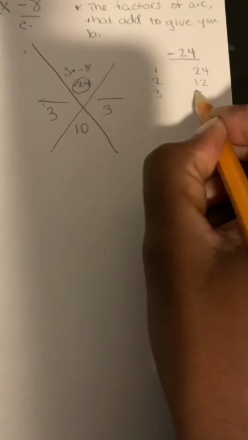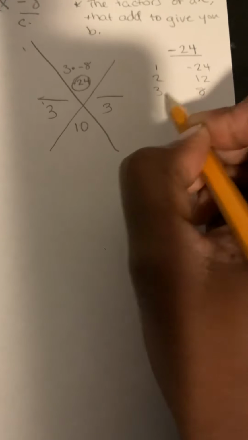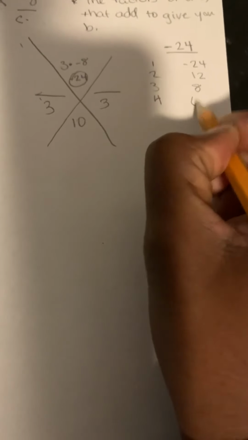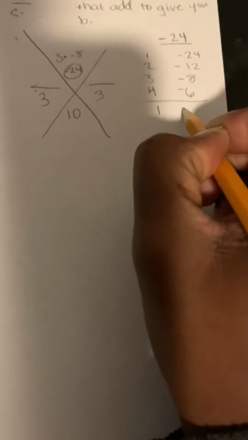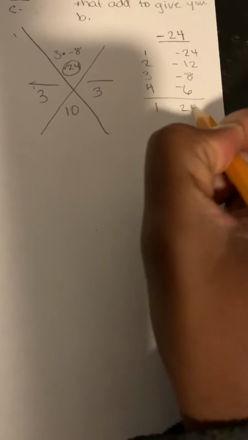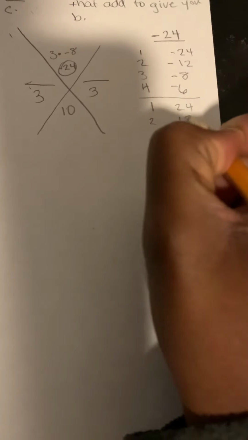So we have 1 and 24, 2 and 12, 3 and 8, 4 and 6, where these are negative, and then the same set of factors where the first number can be negative.